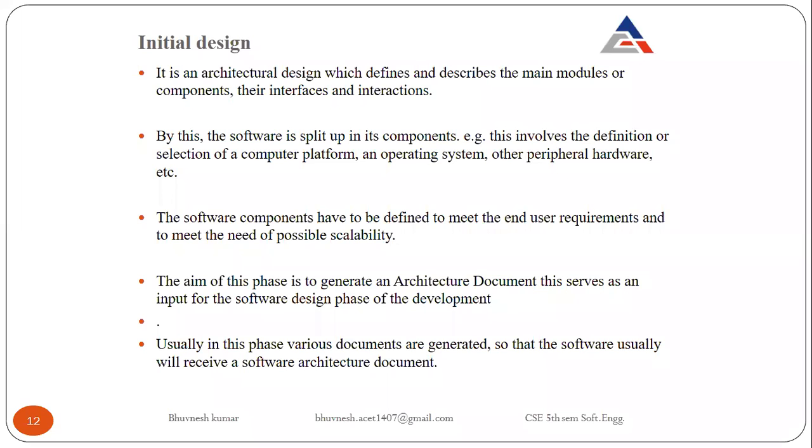It can be used on XP, on Windows, on Linux or Mac. That is your platform and operating system, and also what type of hardware is there to use your product, and according to that we have to design it.